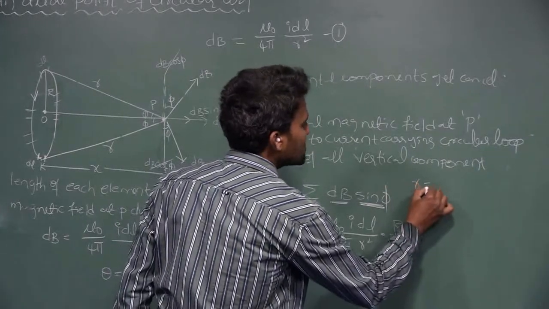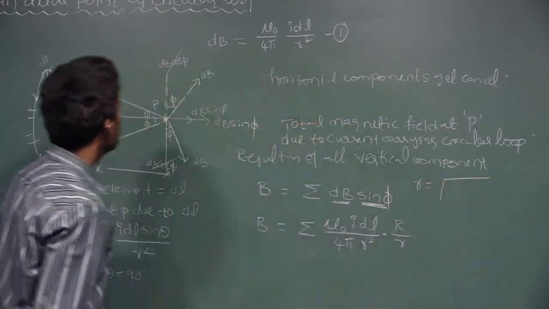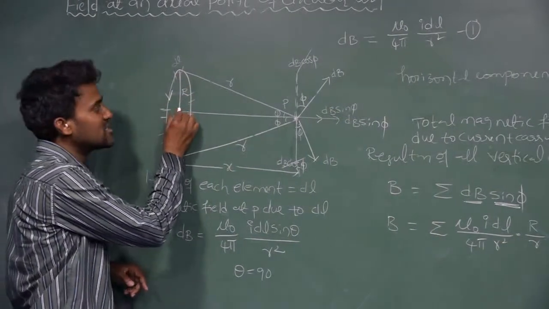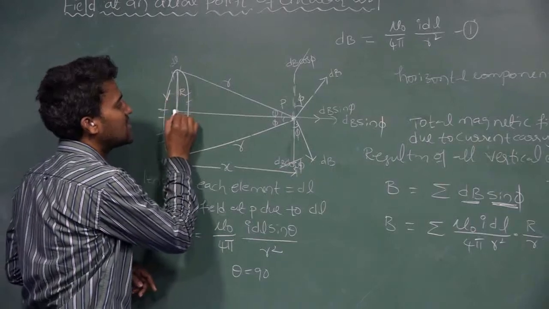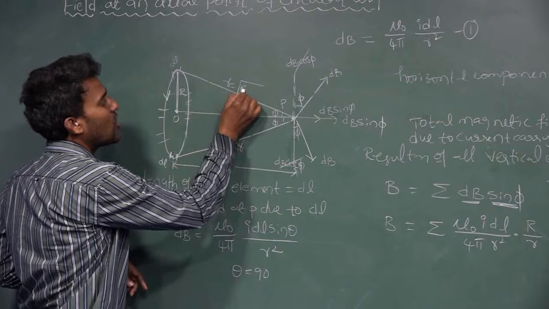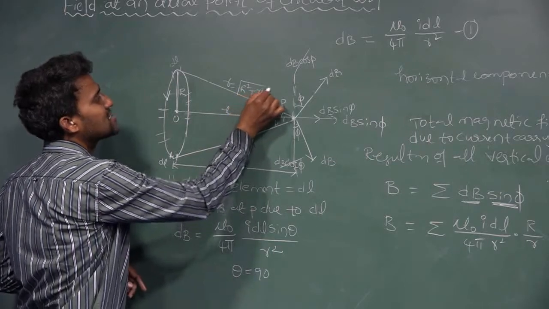What is small r equal to? See here, this is capital R and this distance is x. According to the Pythagoras theorem, small r is equal to the square root of capital R square plus capital X square.